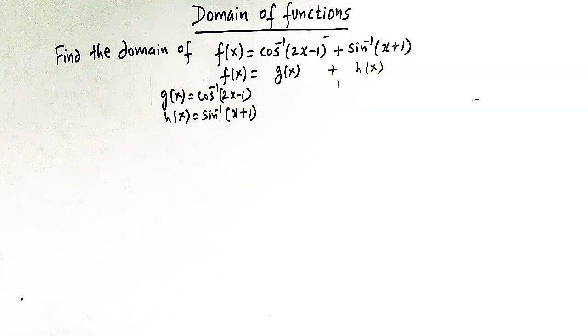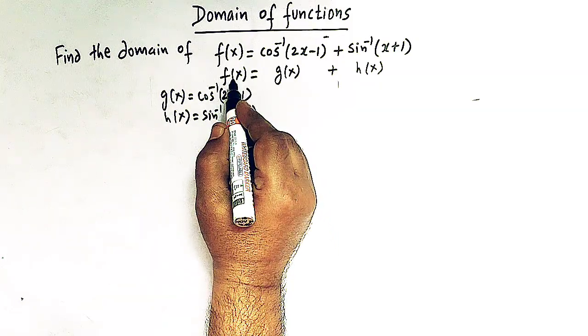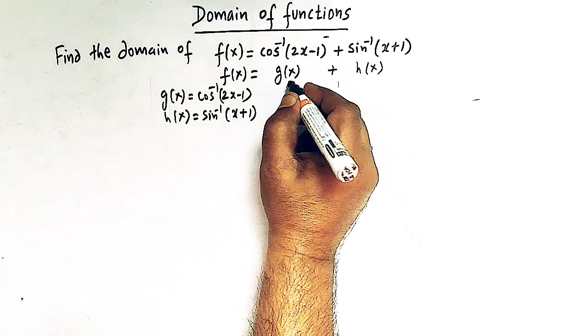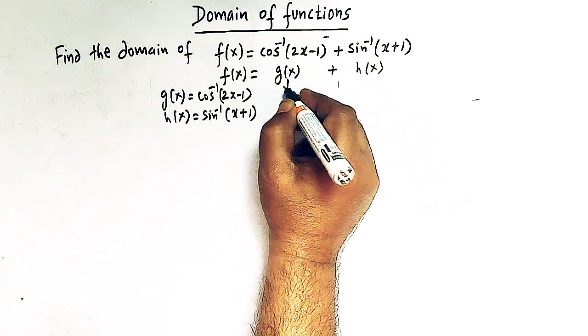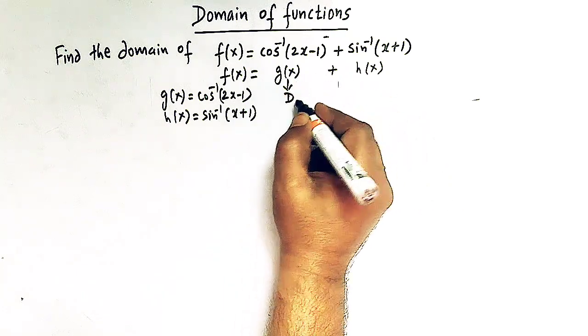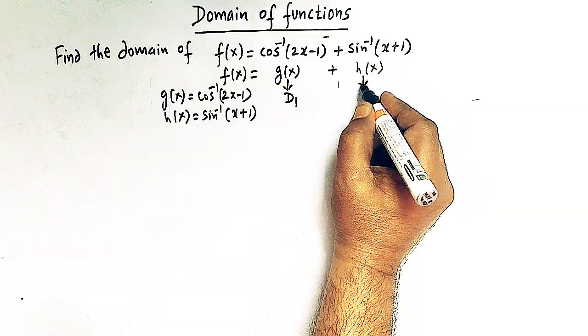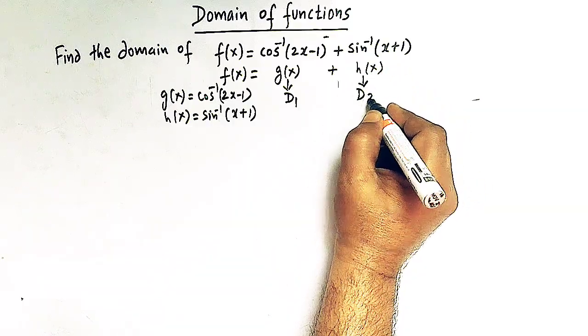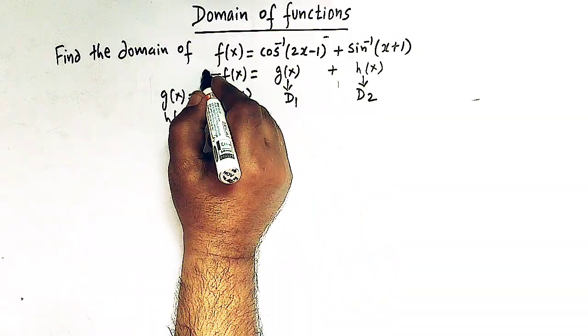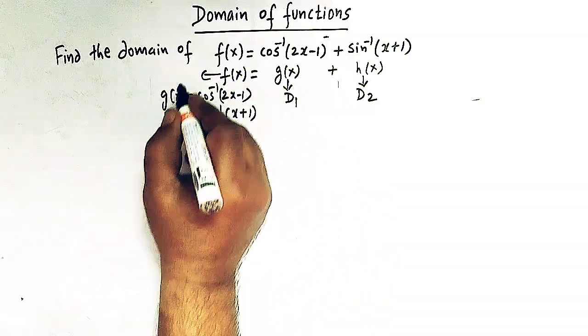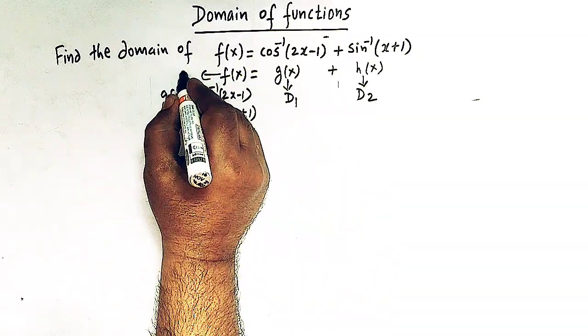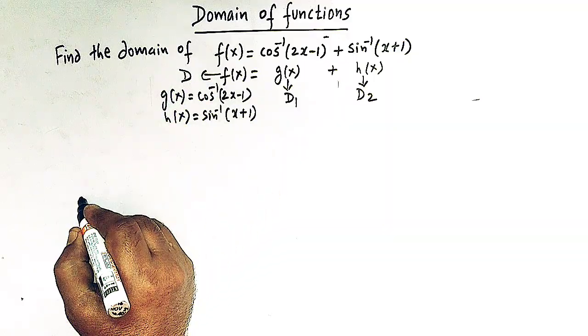Now to get the domain of this function f of x, let us assume that the domain of g of x is d1 and the domain of h of x is d2, right? And the domain of the function f of x may be taken as capital D.